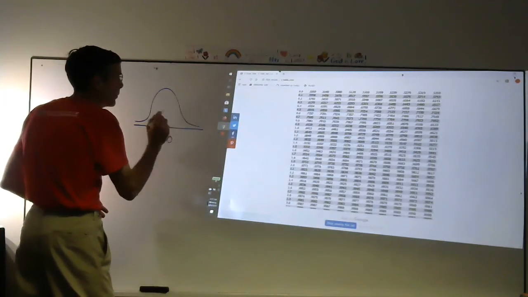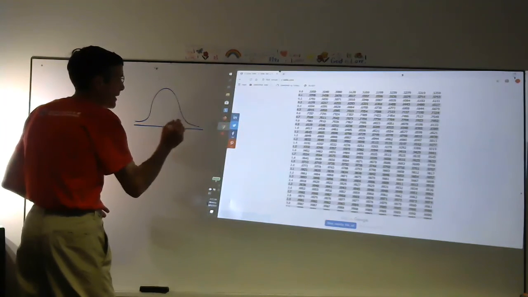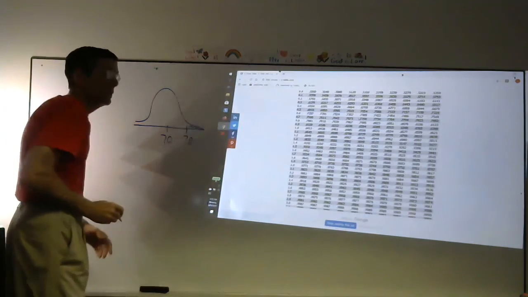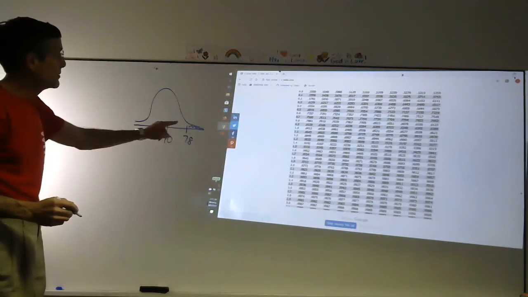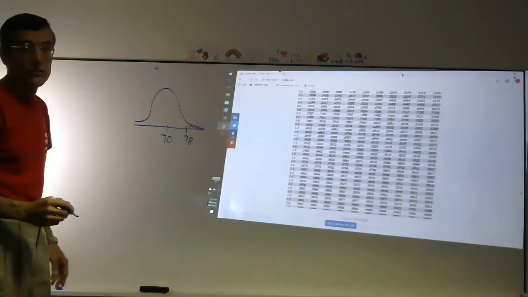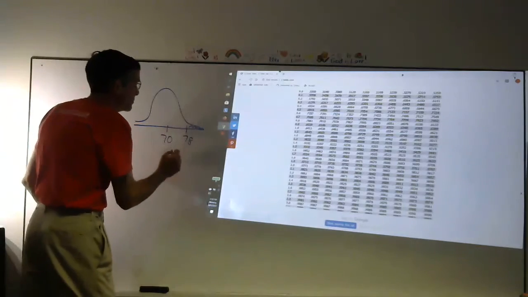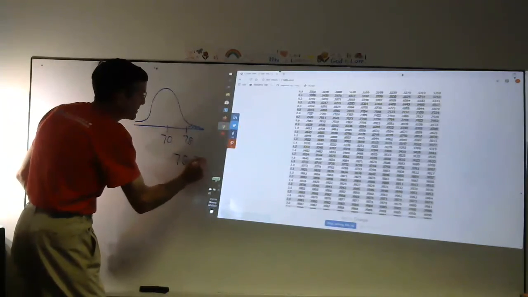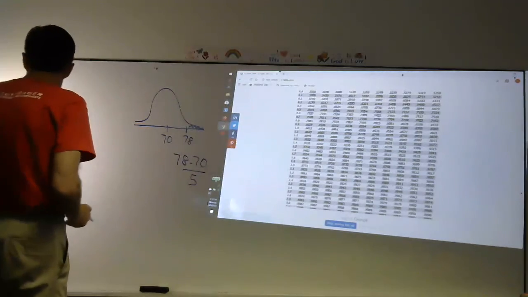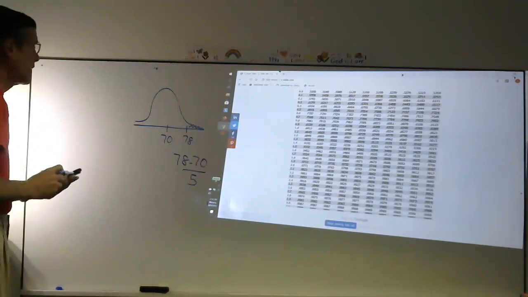What percentage of cars take more than 78 feet? 78 is way over here. And you're going to bet it's not going to be very many, because most of them are stopping within around 70 feet.